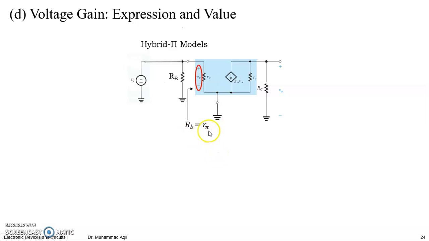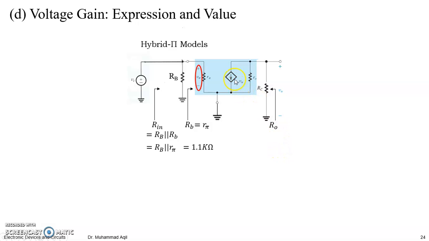So RB is equal to R pi, and this is the total input resistance seen by this input, because the current will flow according to the overall resistance felt here. So it is feeling an input resistance which is the combination of these two things. These two resistances are in parallel, so RB parallel to R pi, and when we find this, we get this value. We already have this value, R pi.